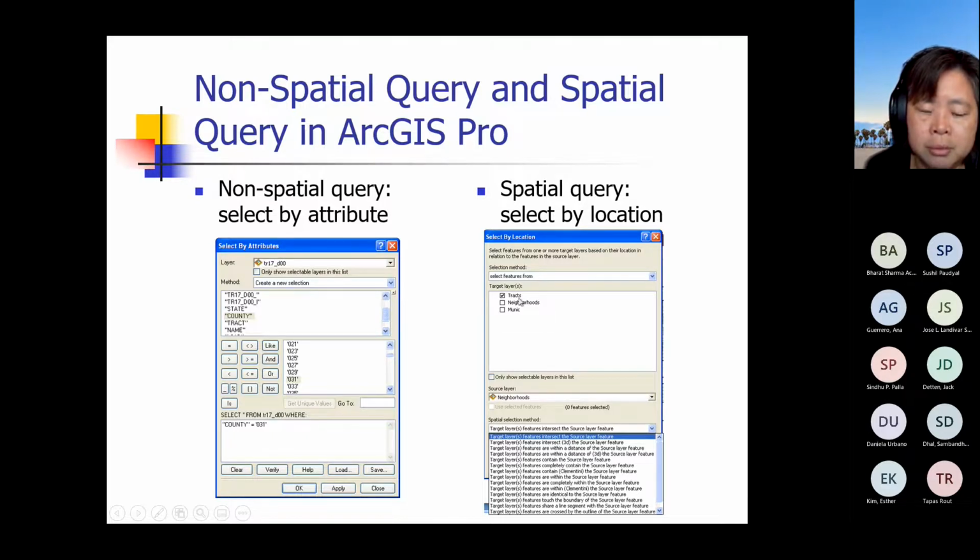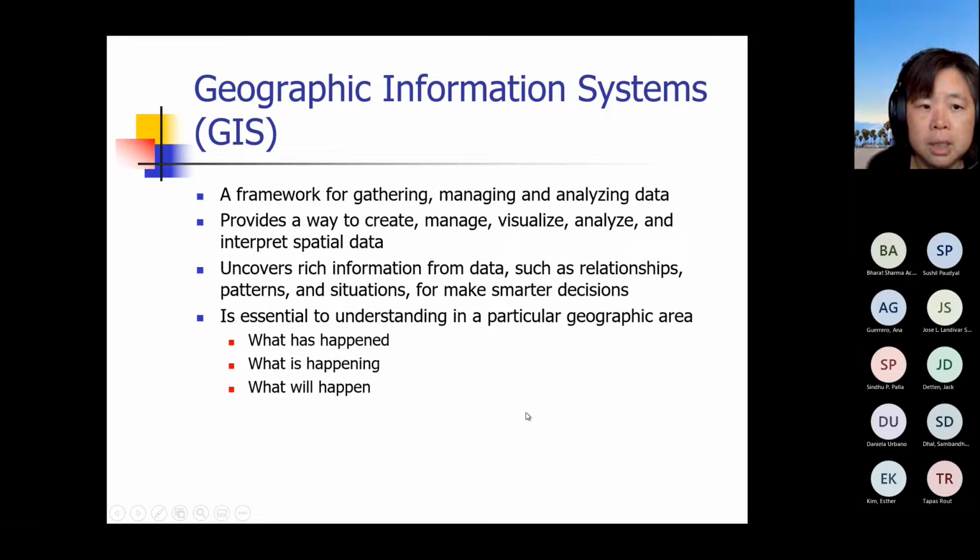Based on whatever data we have and whatever task we want to do, we select those methods. Behind them there is a SQL statement to process, but again, as a user, we don't need to worry about those complicated SQL statements.